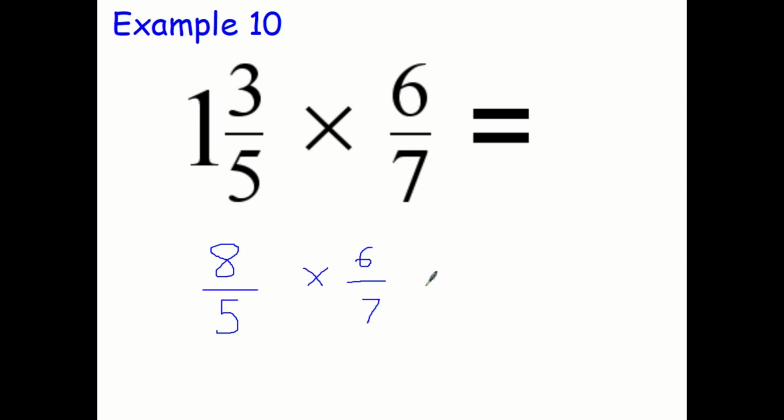And if I multiply across the top, multiply across the bottom, 8 times 6 is 48, and 5 times 7 is 35, and I can see I've got an improper fraction there, which is going to be 1 and 13/35ths.